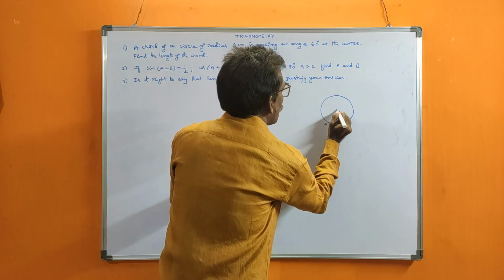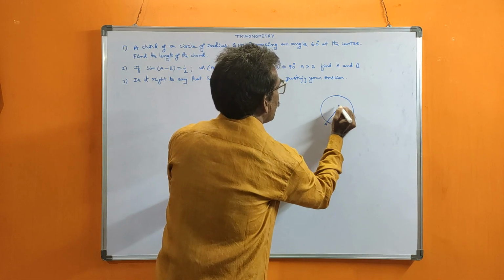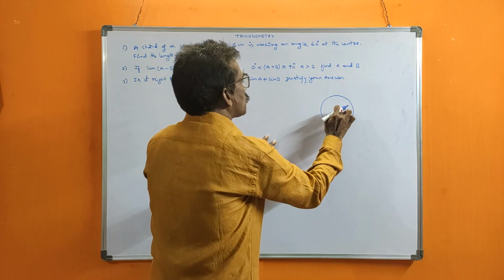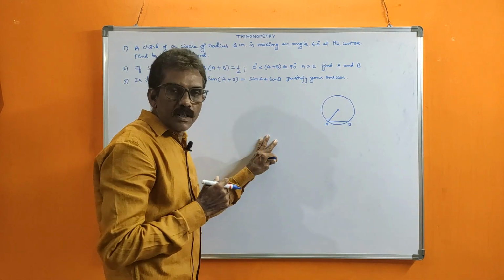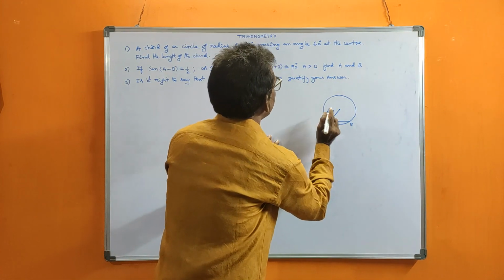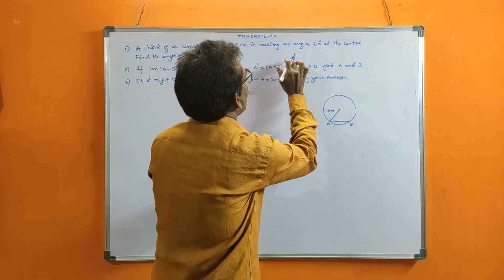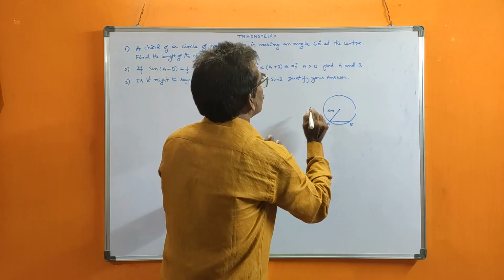From the center onto the circumference you draw a line, that is the radius. The distance between the center and any point on the circumference is called the radius. He gave this radius as 6 centimeters, and the chord is making an angle 60 degrees at the center.